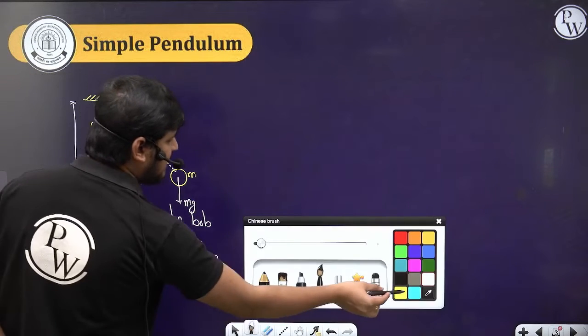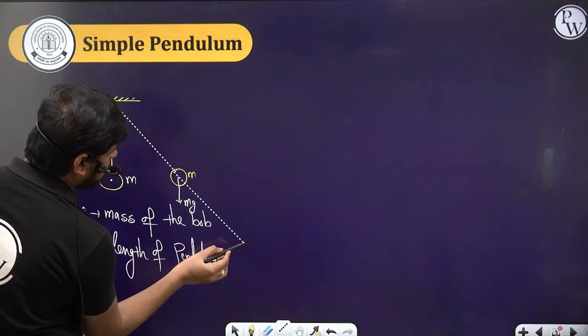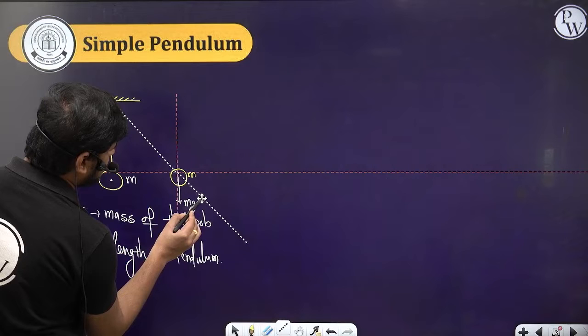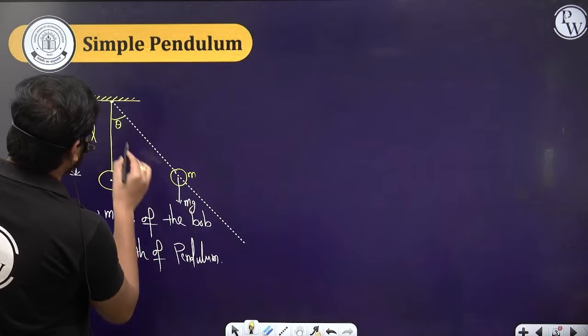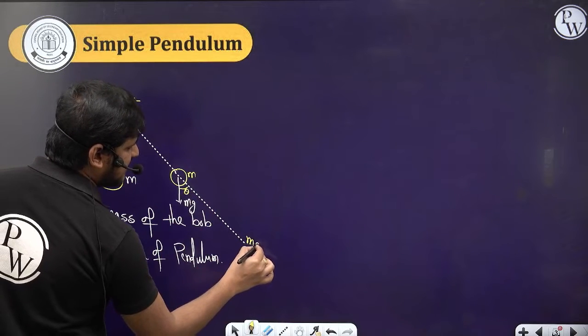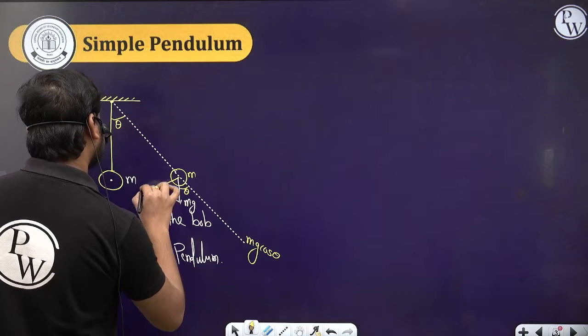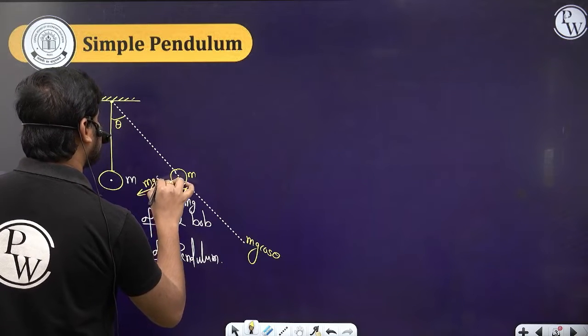Shall I write the components of that force? If you extend this one, I can write here, this is theta, so this angle also will become theta, so on this side mg cos theta will come, and the perpendicular one is mg sin theta.